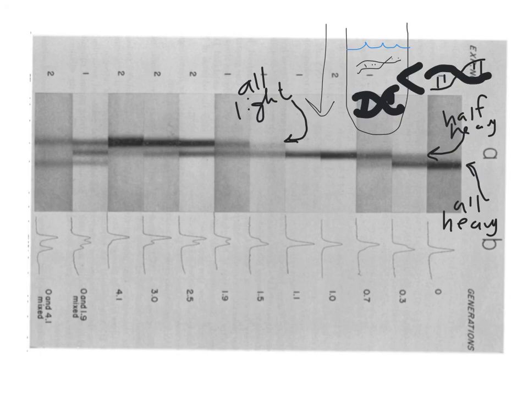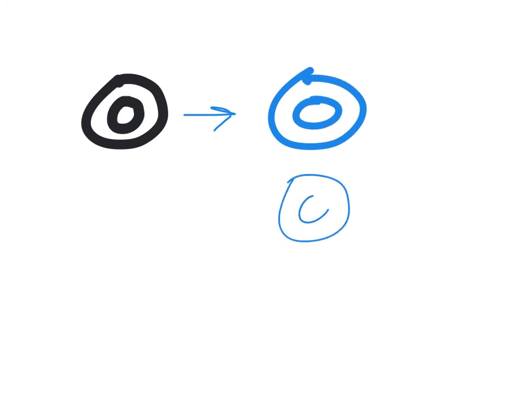So take home point, even if you don't want to draw it out, if conservative replication was happening, you'd have an all heavy molecule, and then you would get back in the next generation an all-heavy molecule and an all-light molecule. So you'd never, ever, ever see half-heavy.